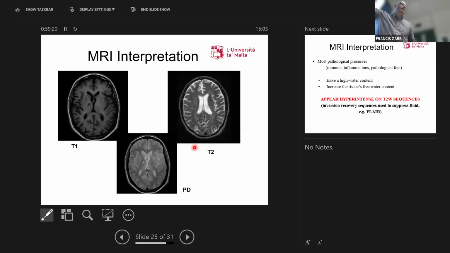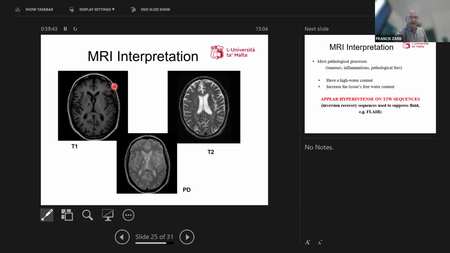T1. What is fluid? Dark. Good. What is fat? Skin. Skin, so fluid, CSF, is bright in the ventricles.